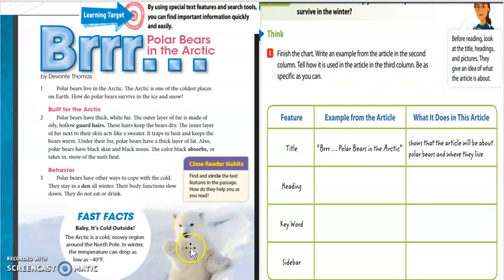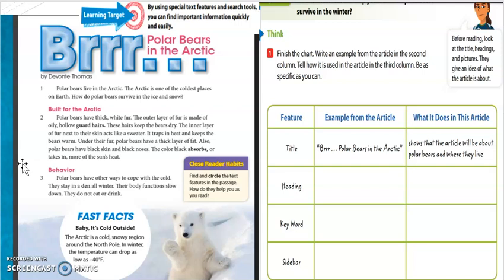And down here, I see a photograph of a polar bear. And I see a couple headings here. This first one reads, Built for the Arctic. And this one reads, Behavior. Well, looking at the title and our headings and our photograph, that tells me that we're about to read a nonfiction genre text. This text is going to give us information about polar bears living in the Arctic.